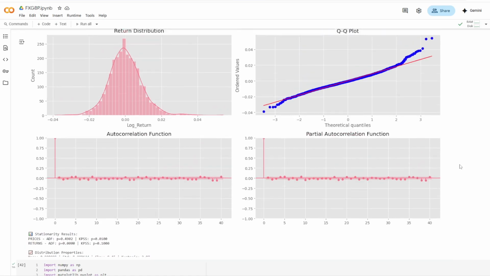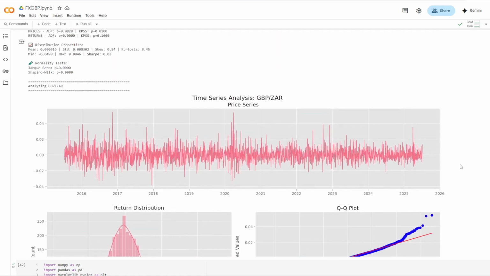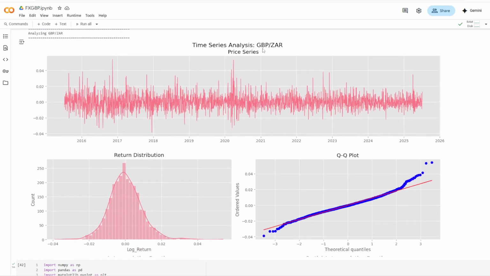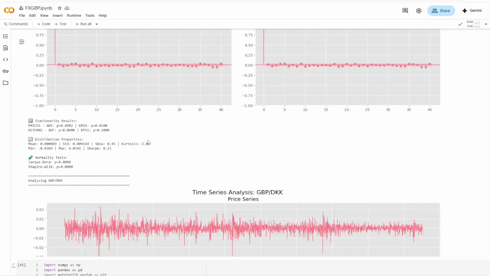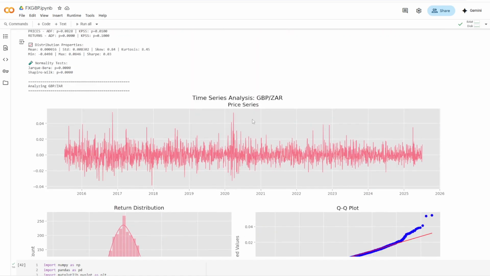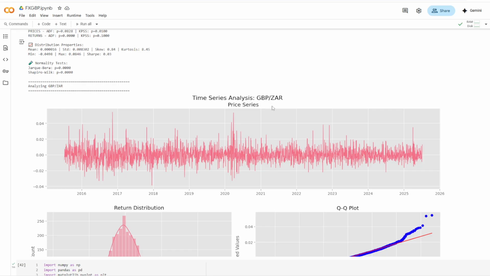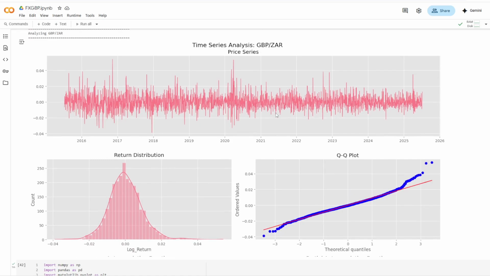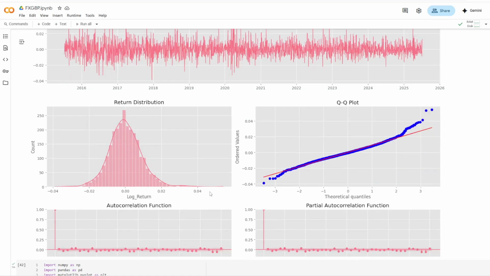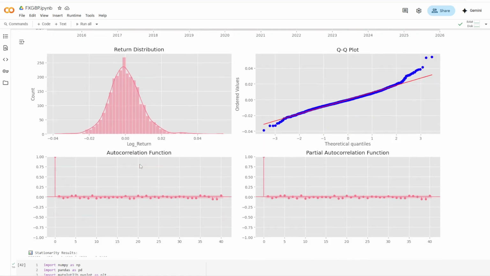And okay, very interesting, the pound South African rand has a kurtosis of 2. So that parameter confirms that pound rand does not have very large fat tails, and it's good for carry trade.